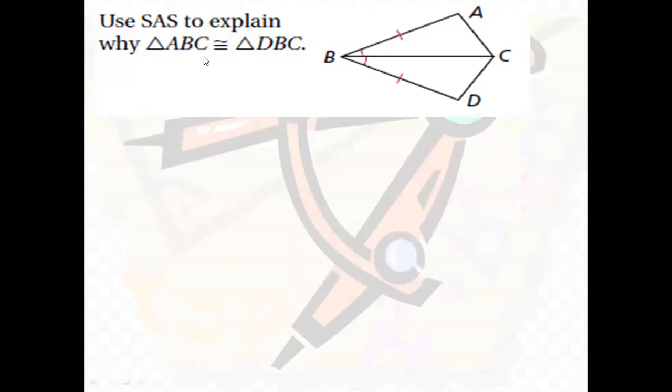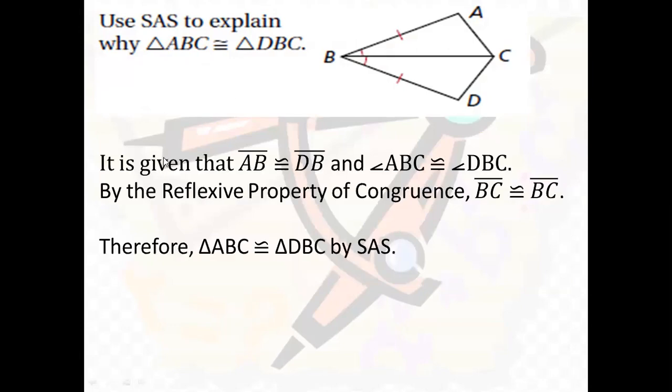Use SAS to explain why triangle ABC is going to be congruent to triangle DBC. The first step is going to be the same way. Only the difference is, rather than writing a side here, we are going to name the angle because it is SAS, side, angle, side. So it is given that AB is congruent to DB. You know now how to find the congruent sides.